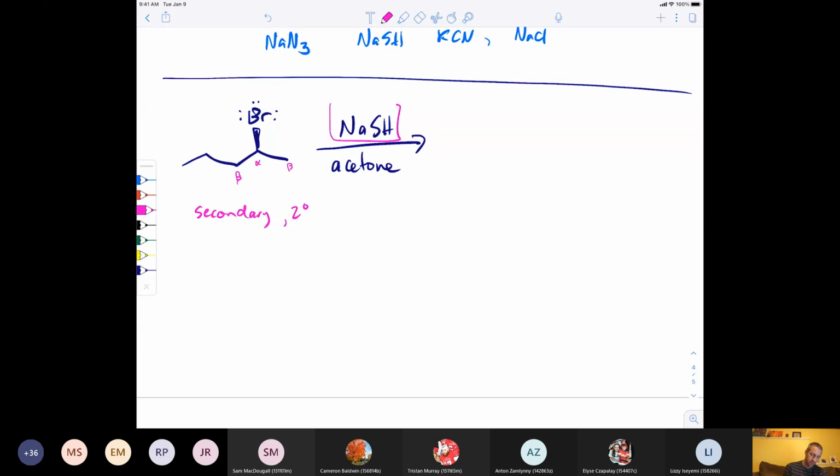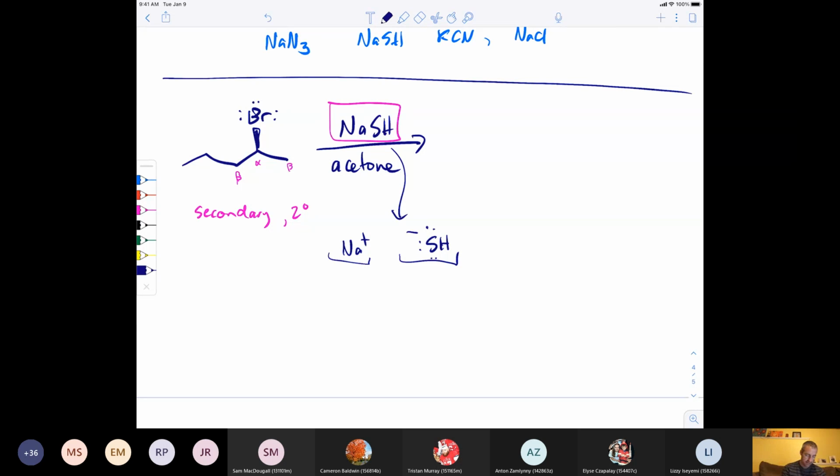Whenever you see something with sodium or potassium or lithium, we have to separate these. We dissociate them so that we have Na plus on one side, SH minus on the other. So we look at the negative charge side. Sodium plus we would call a spectator ion. It doesn't do anything. It just kind of watches.